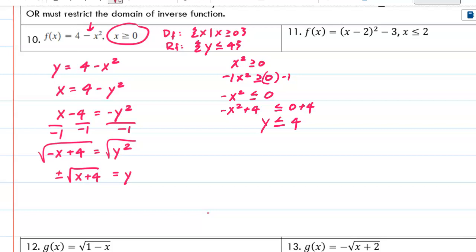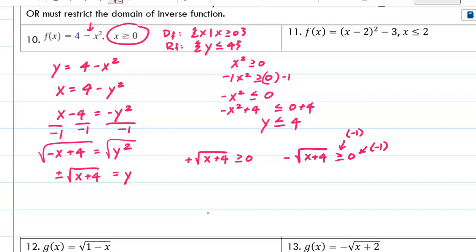So the range of the inverse function has to be greater than or equal to 0. So we know that that's going to have to be the plus one. Because if we have a plus square root of negative x plus 4 greater than or equal to 0, you don't have to change anything. But if we had a minus square root of negative x plus 4 greater than or equal to 0, to get that minus, we multiply by a -1.